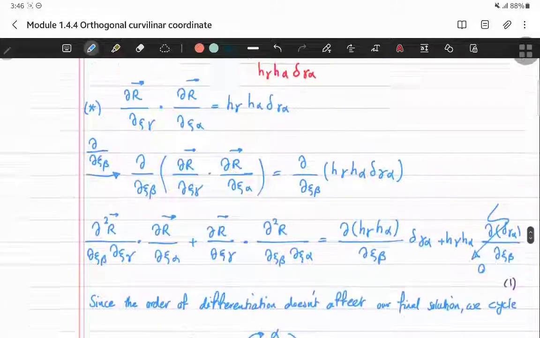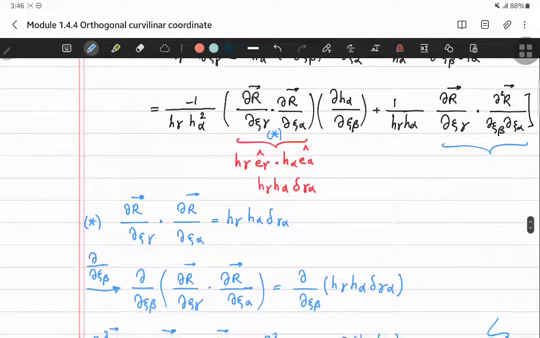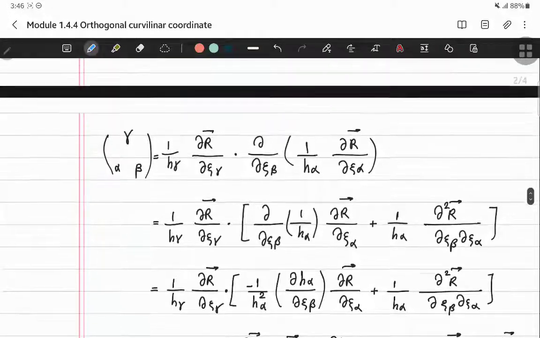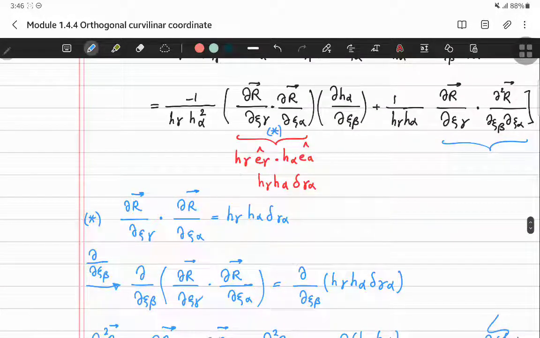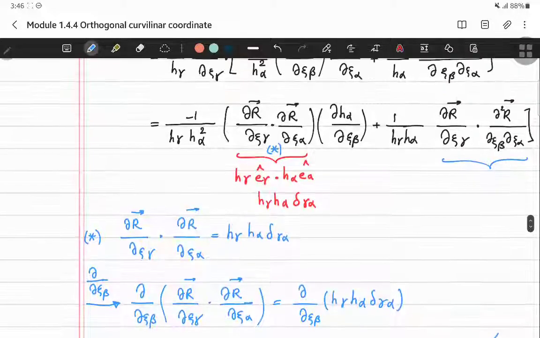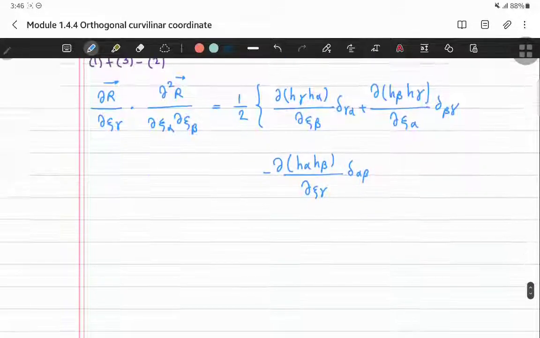All right, so now we evaluated this term, and we also have this term in here. If I multiply this with this, h alpha goes with this, and this goes with this, minus 1 divided by h alpha.